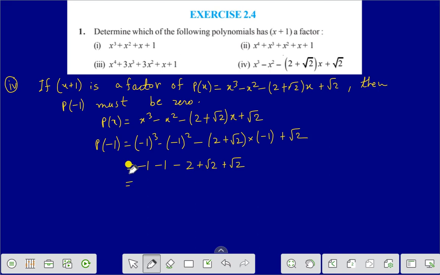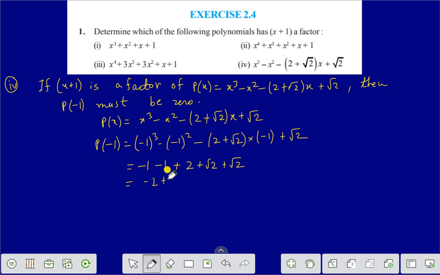Then we are getting minus 1 plus 1 minus 1, plus 2, plus root 2 plus root 2.